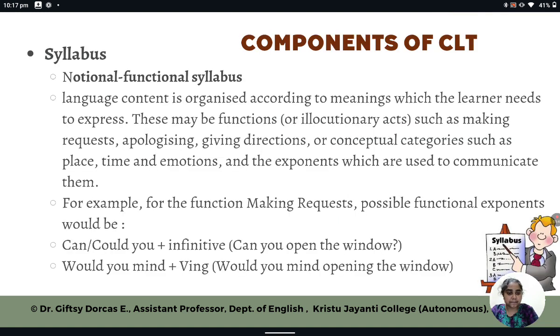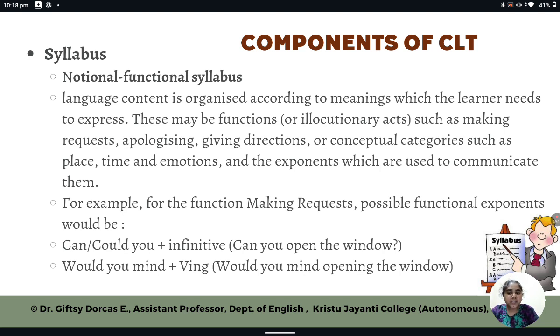So the components of CLT include the syllabus aspect. When it comes to syllabus, it included a notional functional syllabus. And this notional functional syllabus thoroughly focused on how language could be used in real life situations, like making requests, apologizing, giving directions.